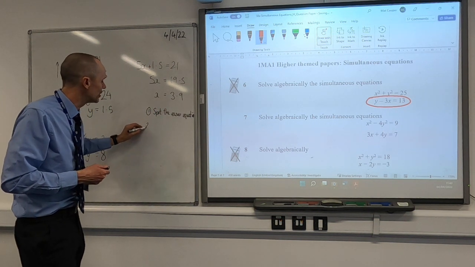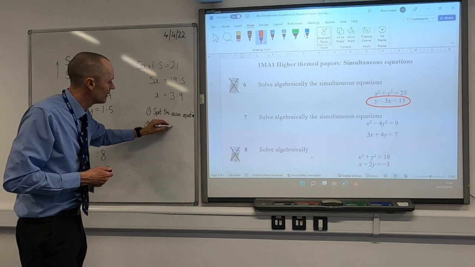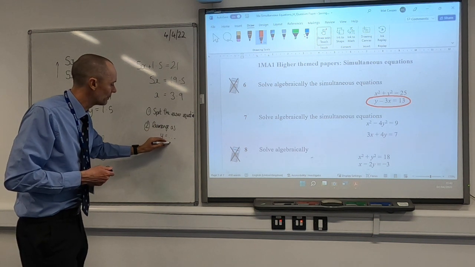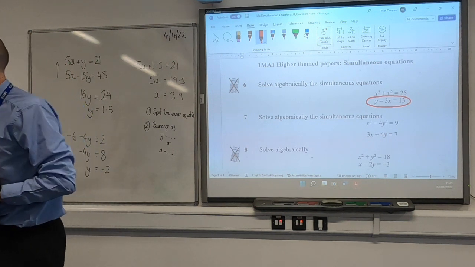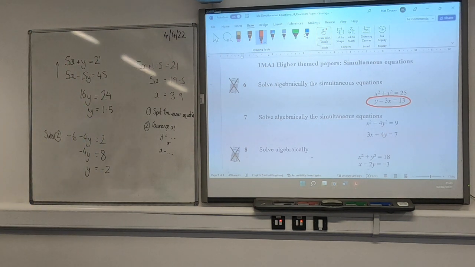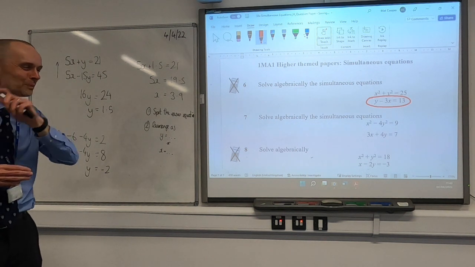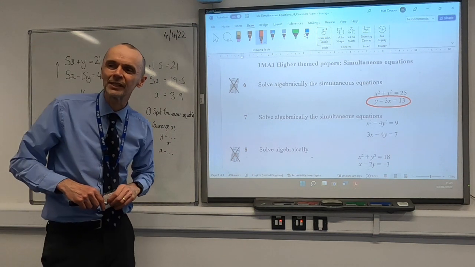And I'm going to rearrange it as either y equals something or x equals something. And I can choose. But I'm not stupid. So I'd be stupid in this one to rearrange this as x equals, because I'd have to divide by 3 at some point.